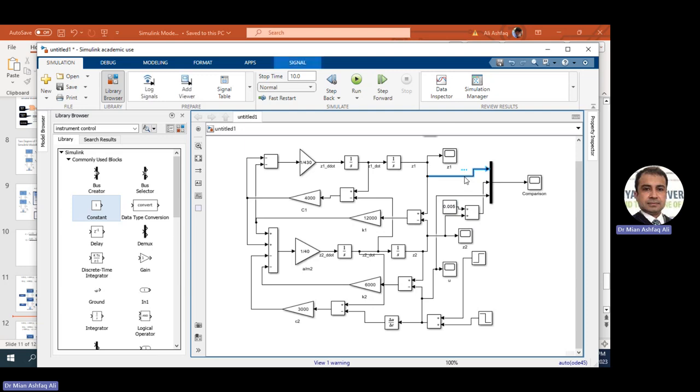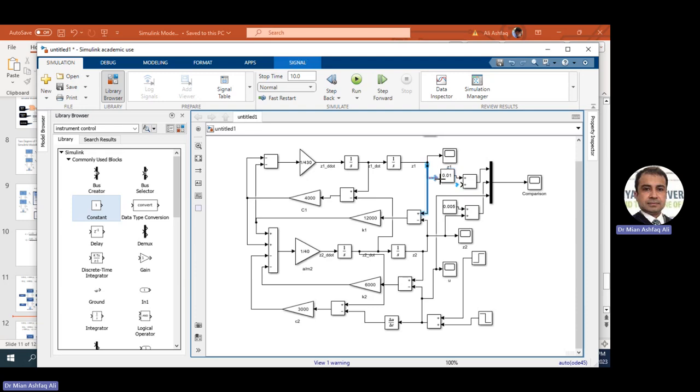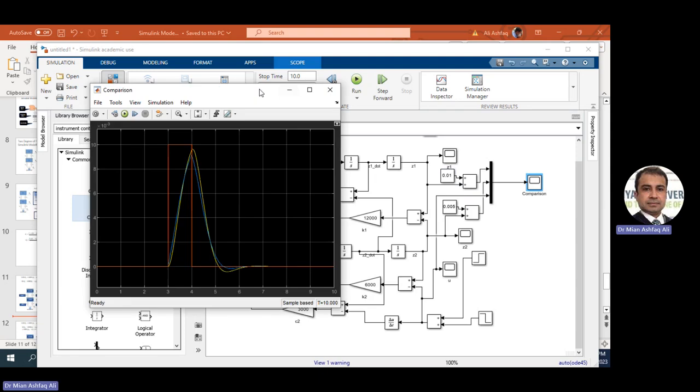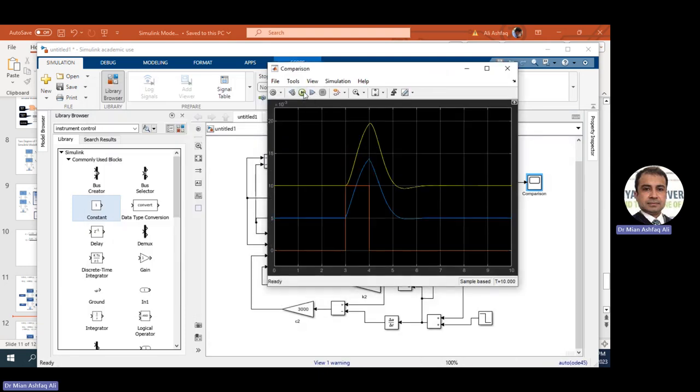Similarly, if I use the same technique for this third signal and add a bit higher values, double click this with this signal, and now do the simulation. So instead of this signal, you see the reference line will slightly change.